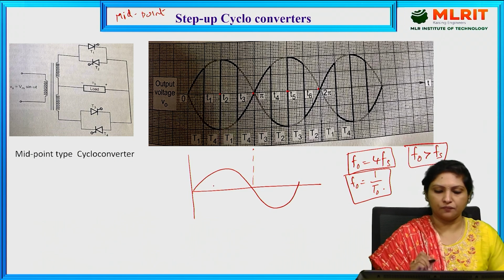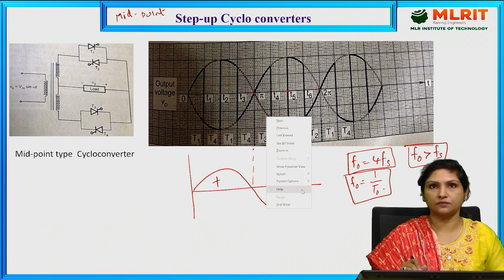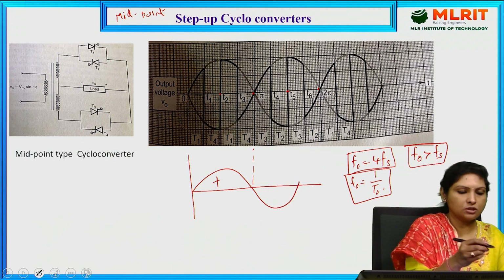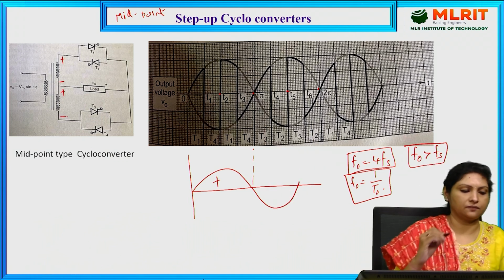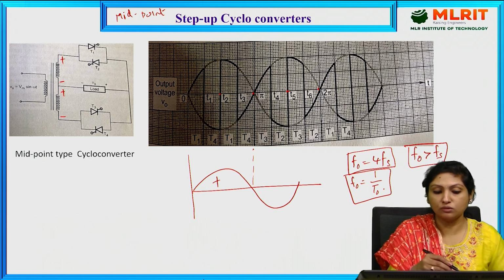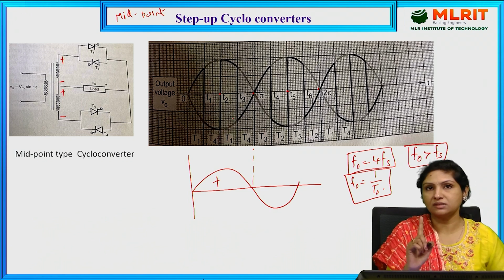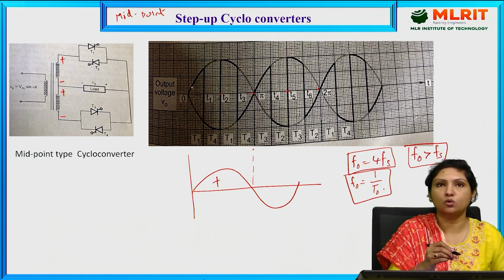And now let us consider the positive half cycle, during which the polarities will be positive, negative, positive, negative. In order to get 4 cycles of output for 1 cycle of input, firstly I need to control the positive half cycle of the output voltage.